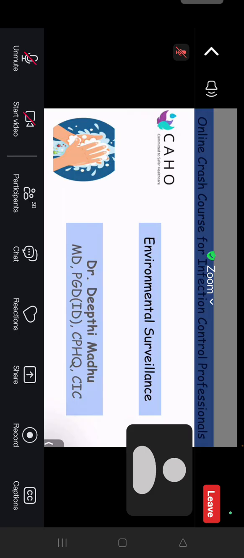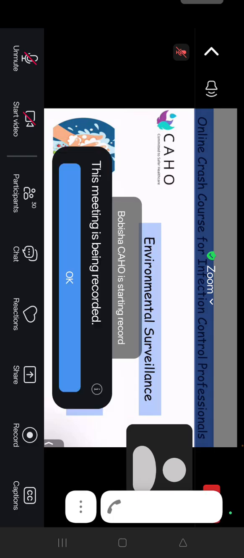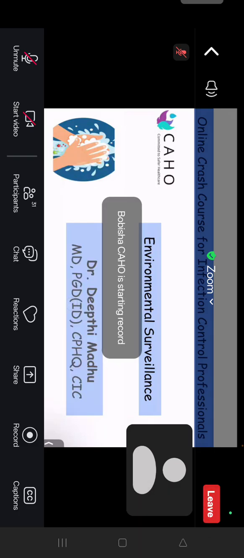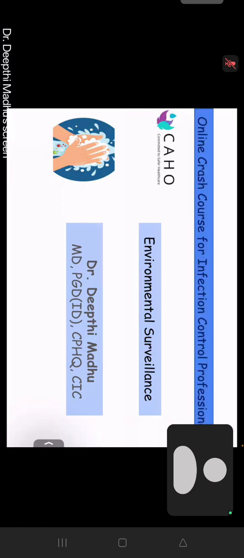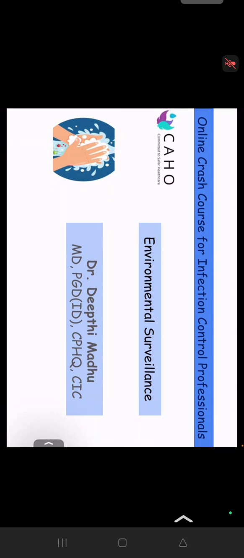And it is one of the points where even the professionals in infection control also have queries and often leads to a lot of misinterpretation, because once a culture or a surveillance sample is sent where it is not actually required, the interpretation itself becomes difficult. So we will go through this one by one.